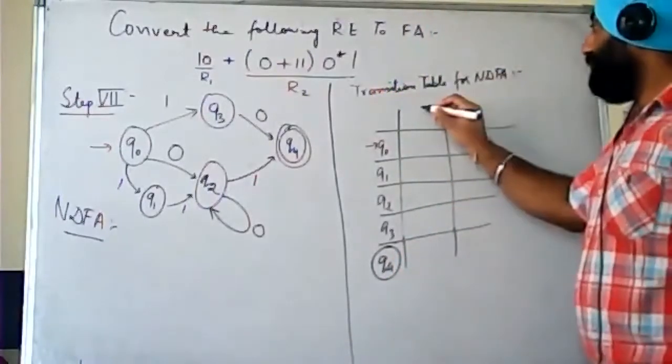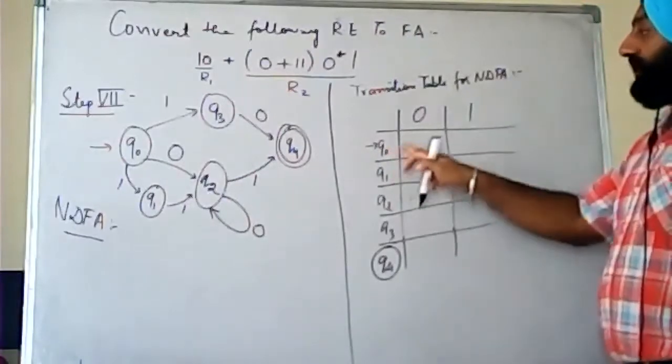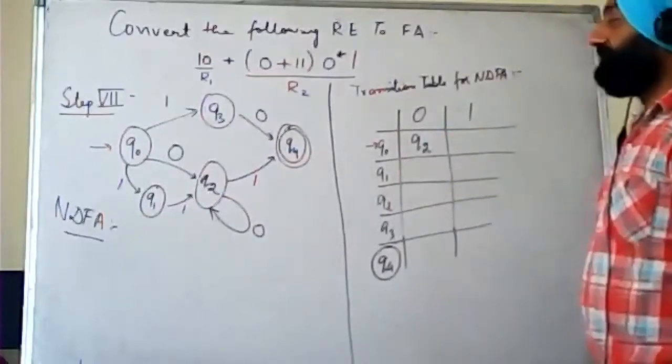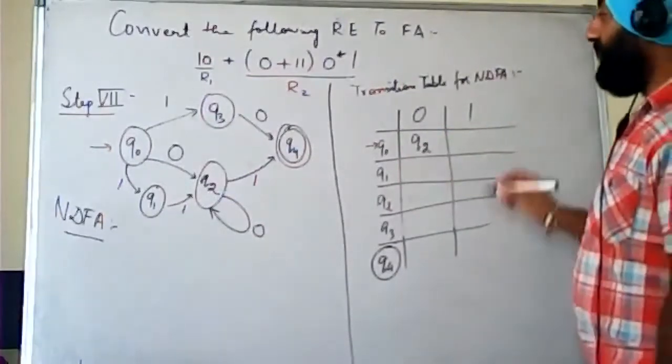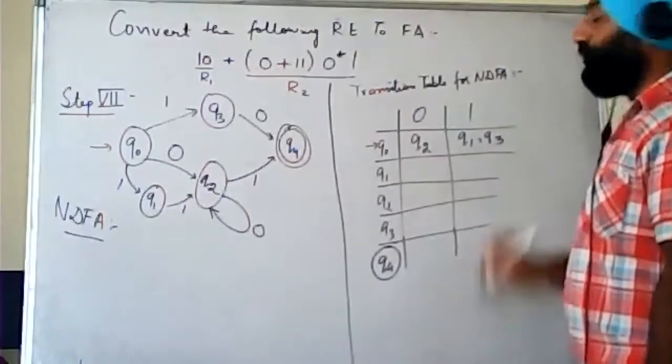Right? So you have two inputs, 0 and 1. So Q0 upon the processing of 0 is going to Q2. Q0 upon the processing of 1 is going to Q1, Q3.